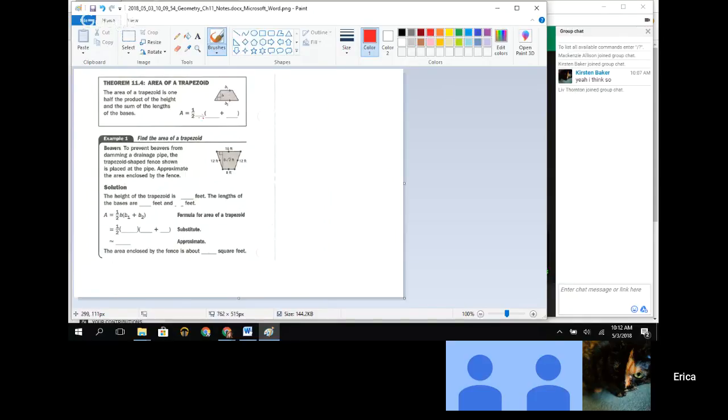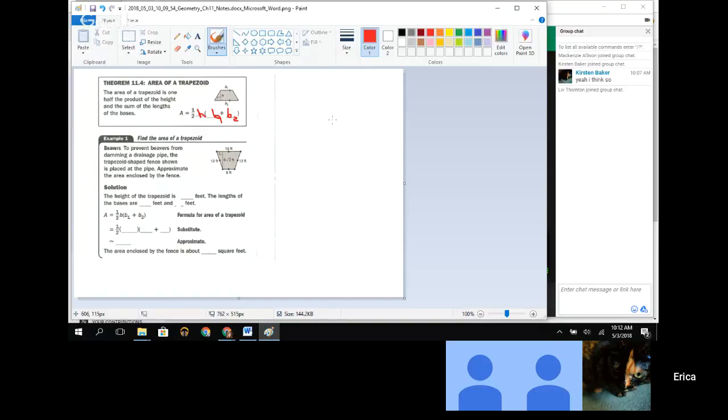If you're filling in your notes, it's 1/2 the height times B1 plus B2. That's kind of crazy looking, but basically you're going to have 1/2 the height times B1 plus B2.